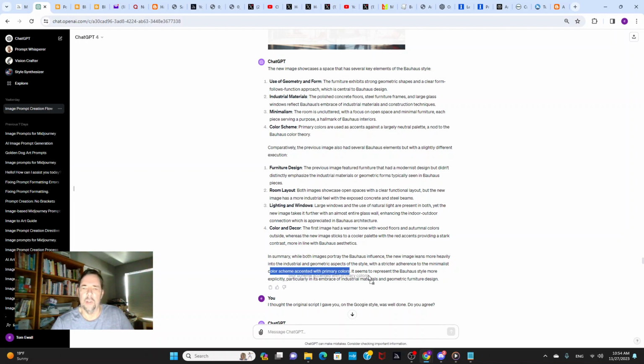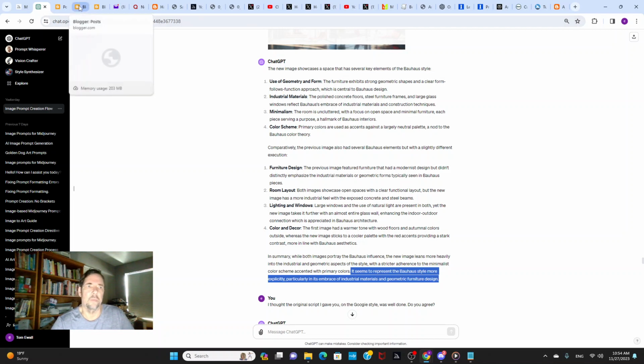It seems to represent the Bauhaus style more explicitly, particularly in its embrace of industrial materials and geometric function design. So then I worked on having it implement the improvements that I gave into the script.